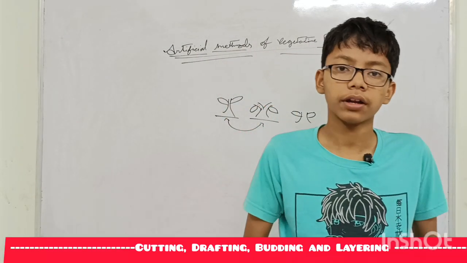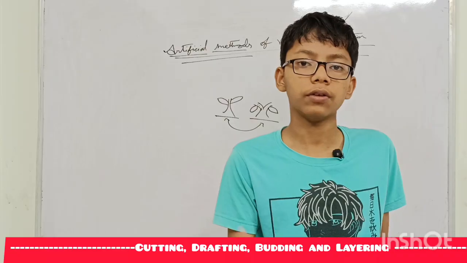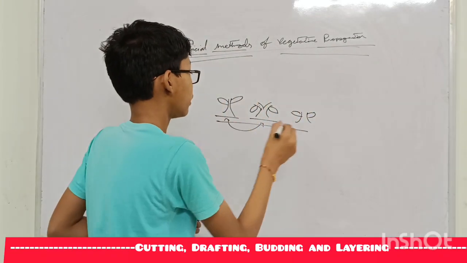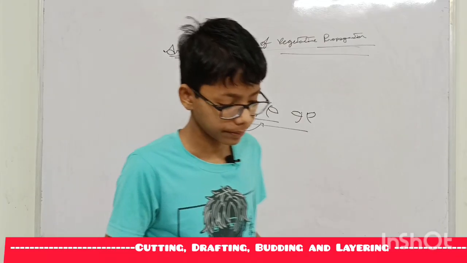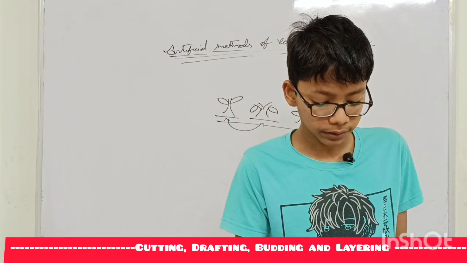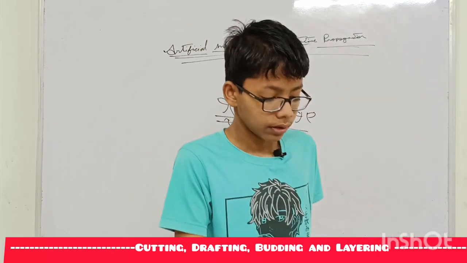That is why it's practiced by gardeners. It helps in combining good varieties of plants, and it's a very quick process of making new plants. Some of the artificial vegetative propagation methods are defined below.